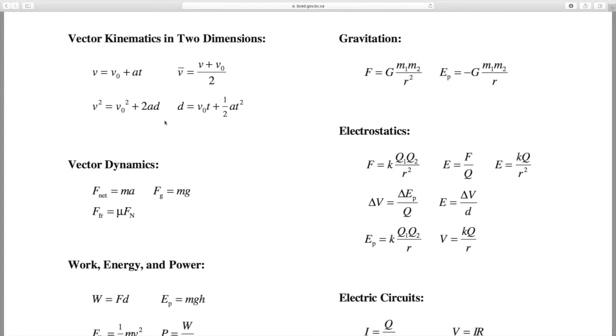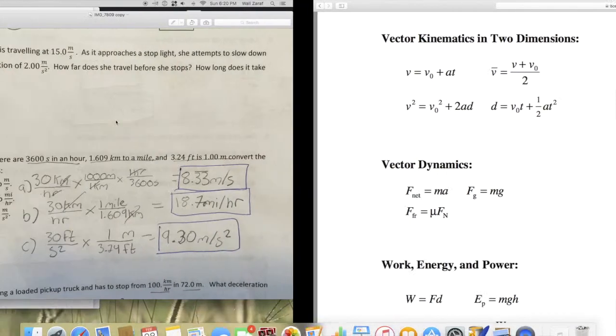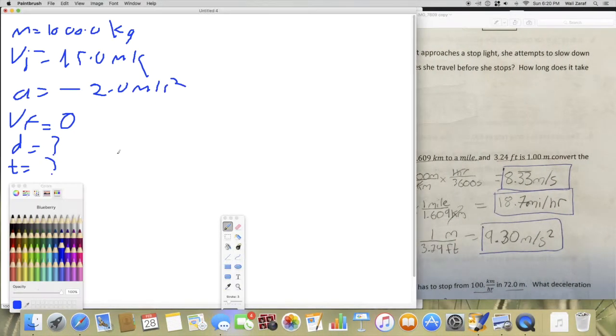So, I recommend we go for this guy. Vf squared is equal to Vi squared plus 2ad. Vf squared is equal to Vi squared plus 2ad. First of all, we know this is equal to 0, so this doesn't matter anyway.